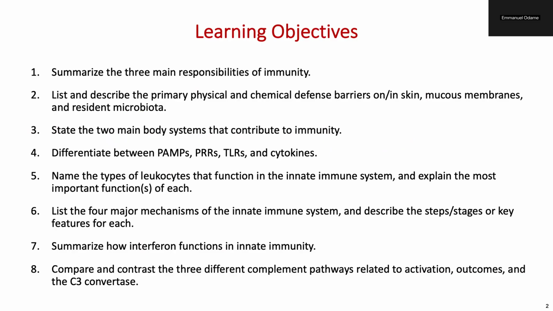We will differentiate between PAMPs, PRRs, TLRs, and cytokines. We will name the type of leukocyte that functions in the innate immune system and explain the most important functions of each. We will list the four major mechanisms of the innate immune system and describe the steps or stages or key features for each.